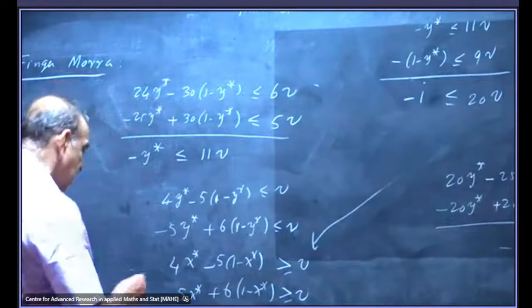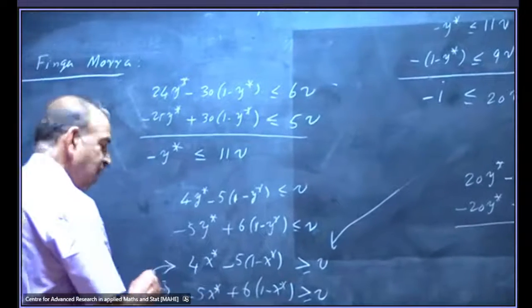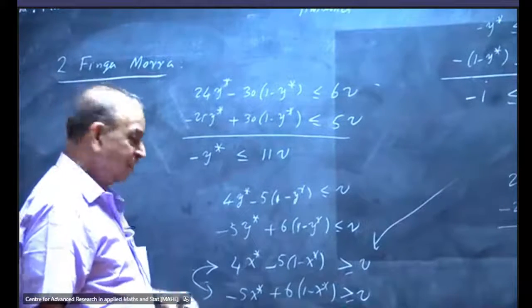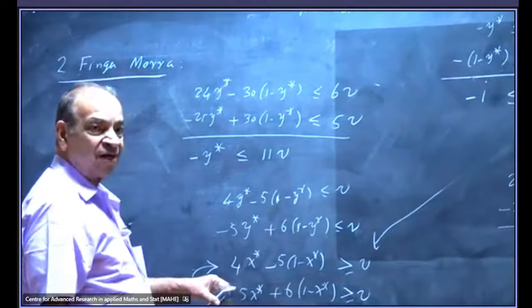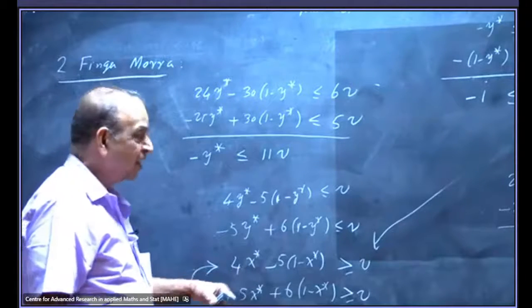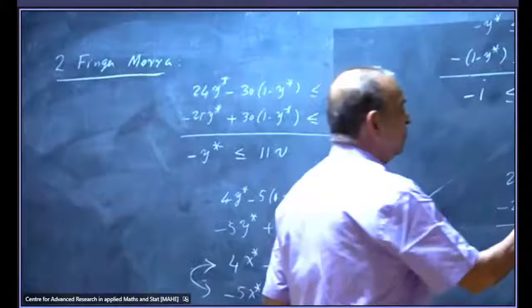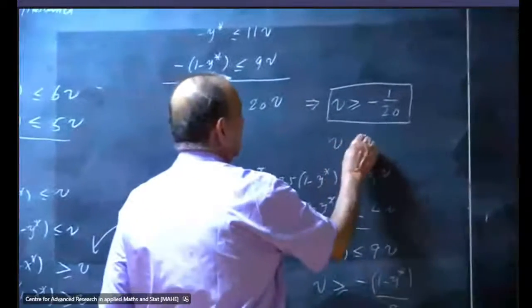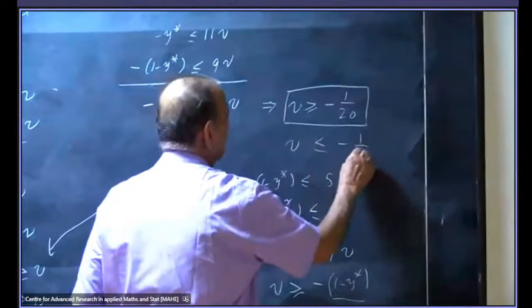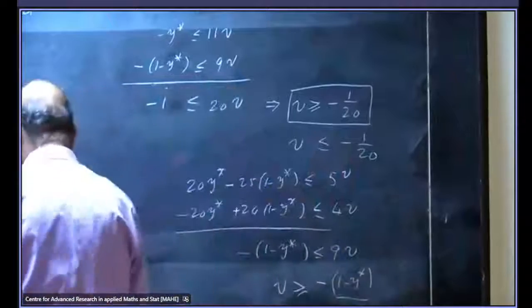Now go to the second one. You went through this one, similar calculation, it will show you that b is less than or equal to minus 1 over 20, by using this second one.